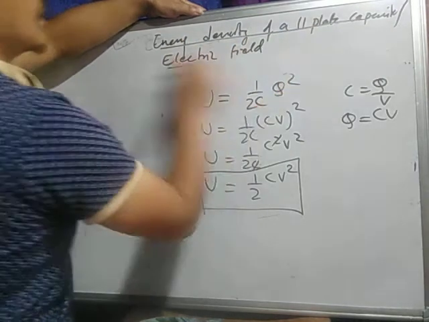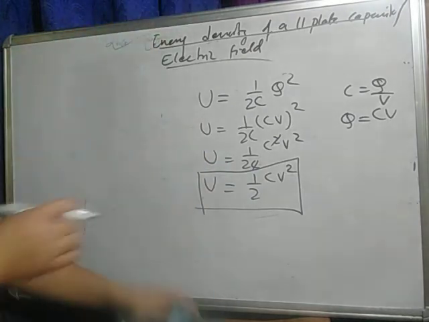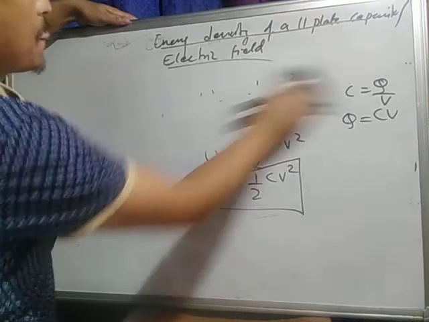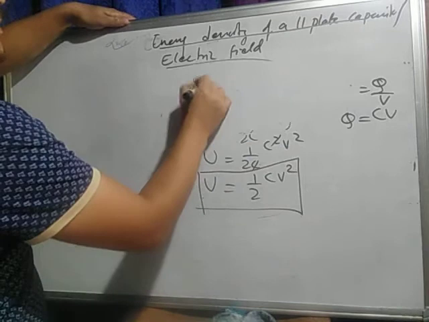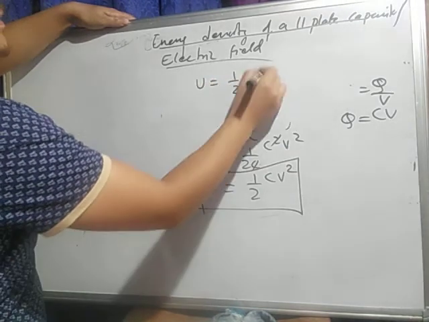So we know this one, isn't it? U equals to half CV square.